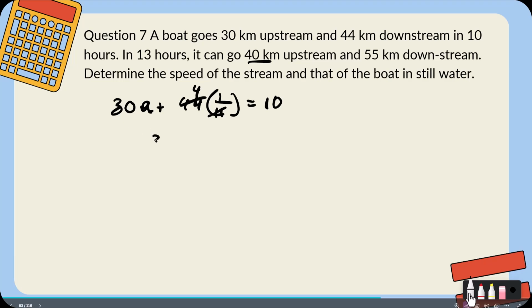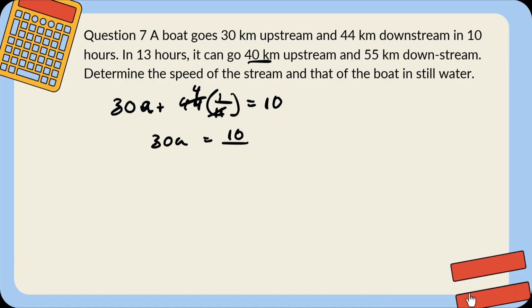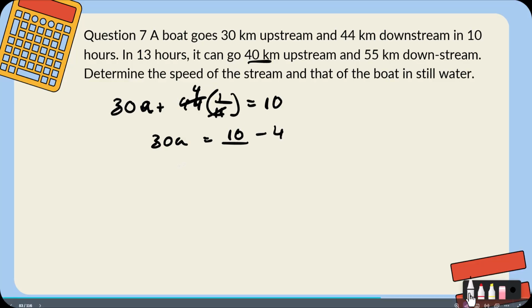Now we have 30a is equal to 10 minus 4, which is 6. So a is 6 by 30, which is 1 by 5. So we got a as 1 by 5 and b as 1 by 11.